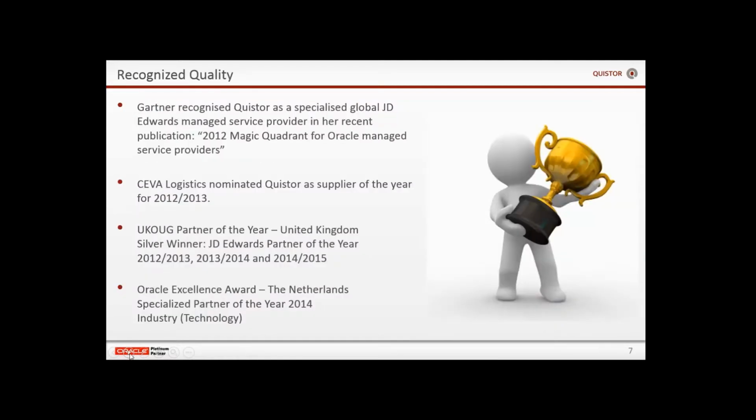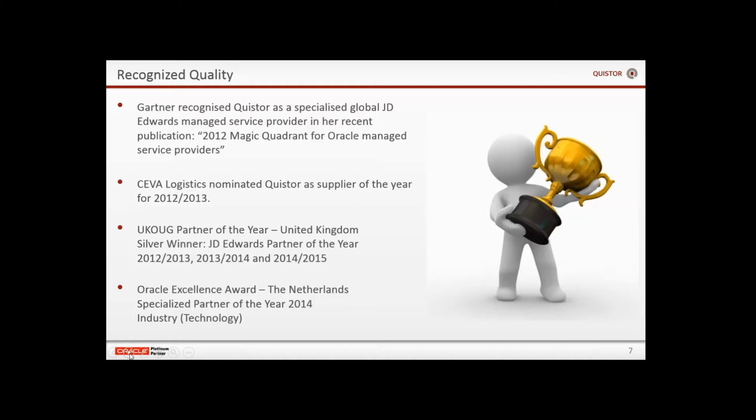Our quality recognized in 2012. We were part of the Magic Quadrant for Oracle Managed Service Providers, so that states our quality on our managed service. Civil Logistics nominated us as a Supplier of the Year in 2012-2013, and we are a UK OUG Partner of the Year Silver winner for I think 3 years in a row now. So next year we hope it to be the gold one.